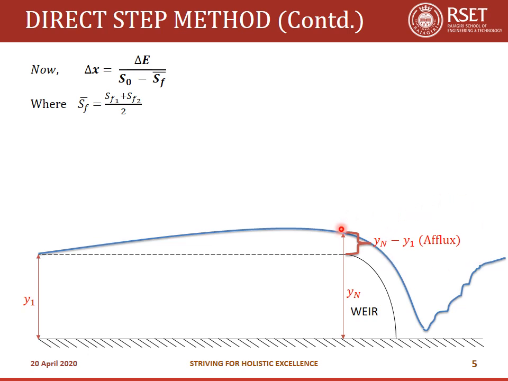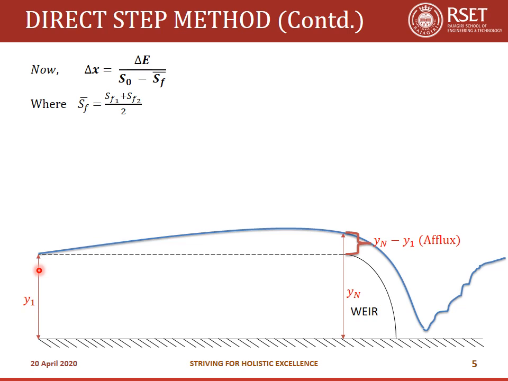Afflux is the amount by which the water will rise behind the obstruction. So how much is the water rising behind the obstruction? That is known as afflux. Now this term is important because sometimes in the numerical problems they will mention afflux, so you should know what afflux is. It is the difference between the final depth and the initial depth of a gradually varied flow.